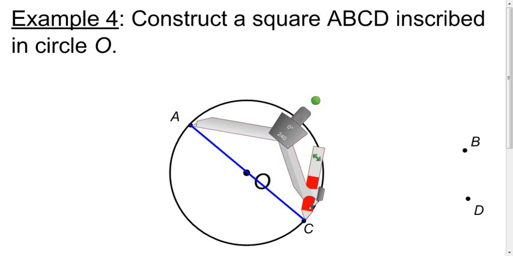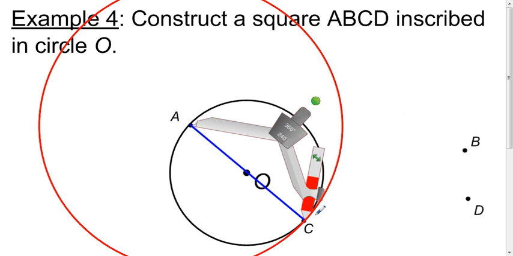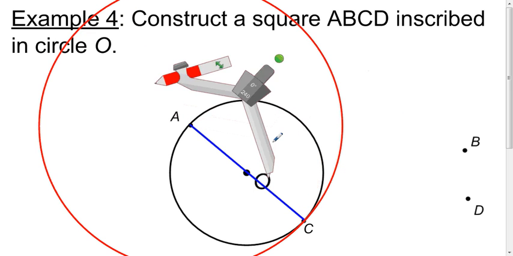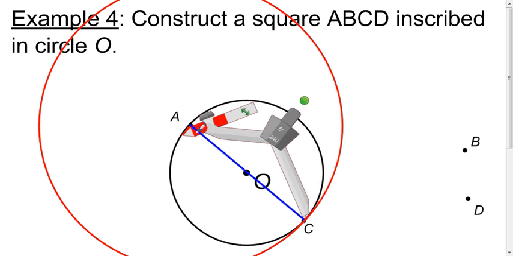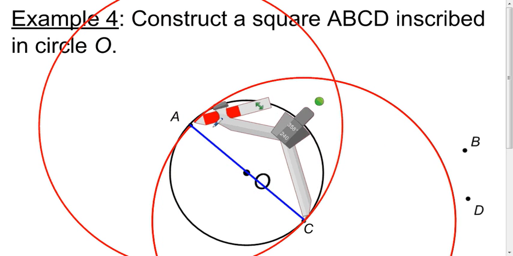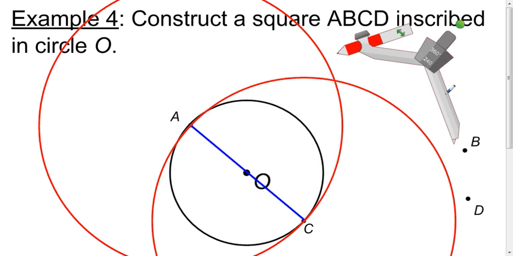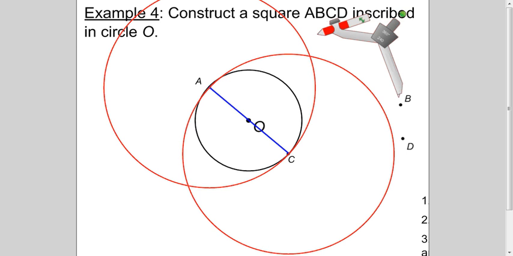All right, so let's draw that circle and do the same thing over at C. So don't change how big your compass is. So let's draw the perpendicular bisector in here with those points of intersection. I don't really need to label them right now because we only really care about the square. So I'm going to leave those unlabeled. You can if you want, you don't have to.